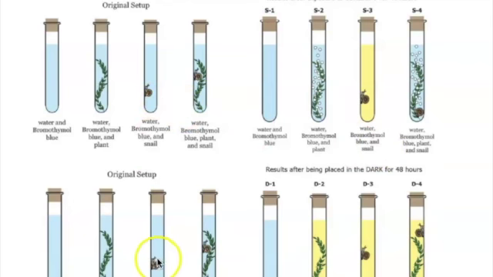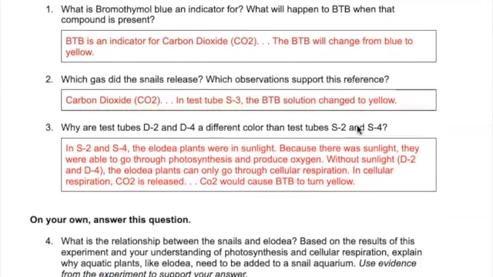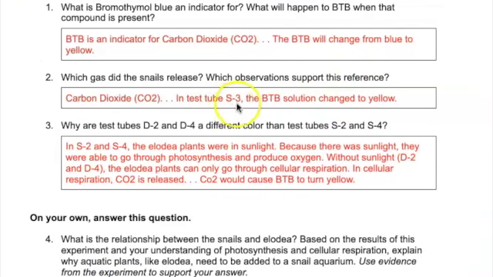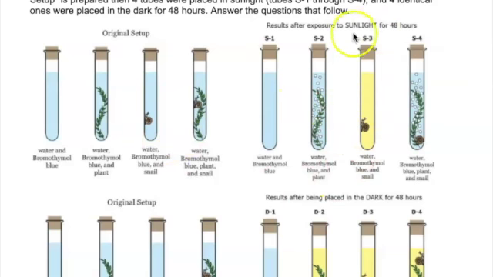So our snails are going through cellular respiration and they're releasing, or exhaling, carbon dioxide. So my specific evidence would be test tube S3, where the solution changed to yellow.